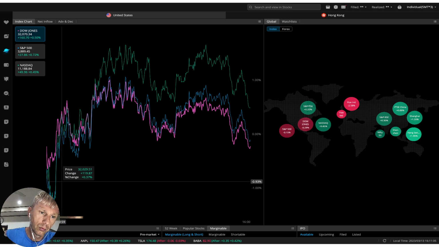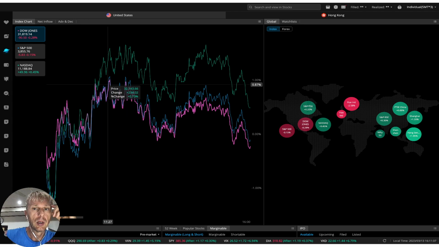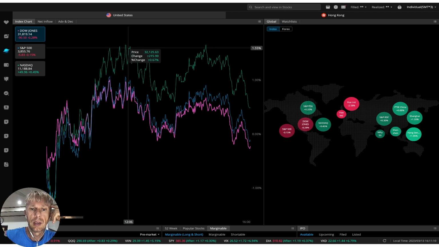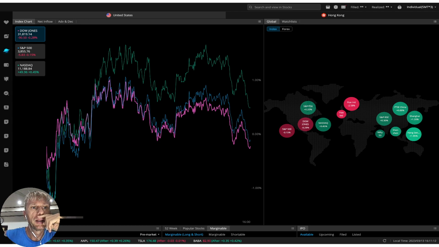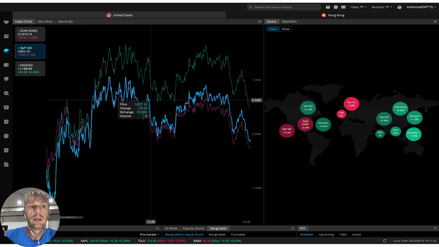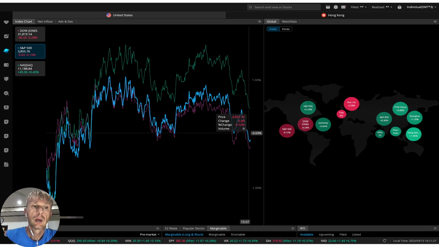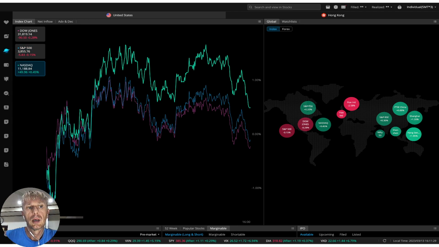Then it moved to negative, and during the day it was very positive, and it ended negative for Dow Jones, and negative for S&P, kind of flat, and Nasdaq closed positive. That's what we had for today.